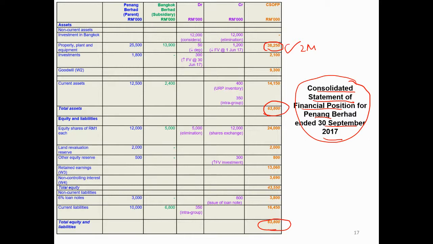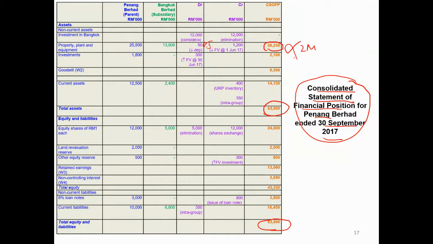But let's say you get it wrong, then I move backwards. Let's say one of your debit entries is correct, I will give you 0.5 marks. So you will gain some partial marks if you get one of the items wrong. You would not lose the whole 2 marks unless your whole item here is wrong. Then of course you will lose the whole 2 marks.